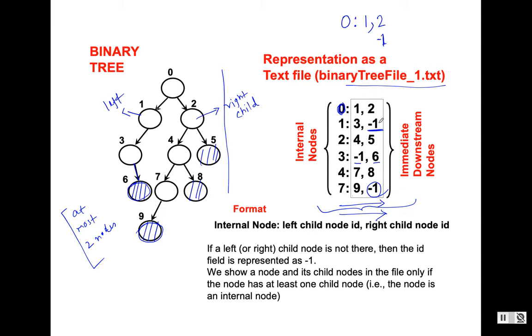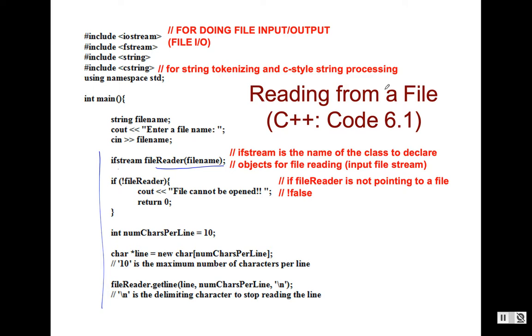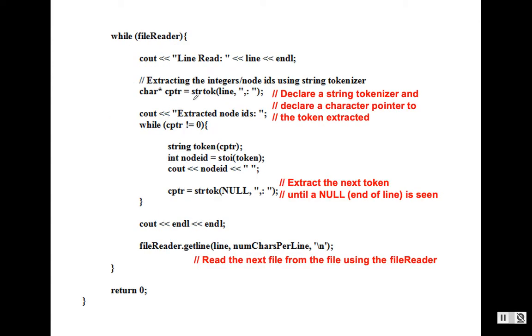Now based on the id number of each node, we are assuming that each line can have at most 10 characters. All right, then we're going to read line by line using the getLine function. Then we can tokenize each line: we declare a string tokenizer, and we declare a character pointer to the token extracted.